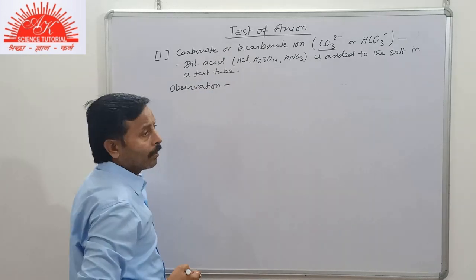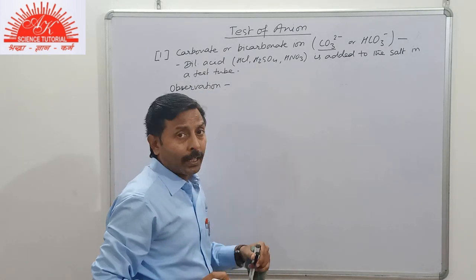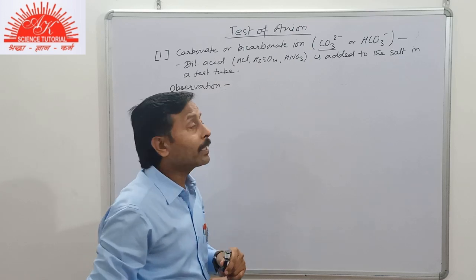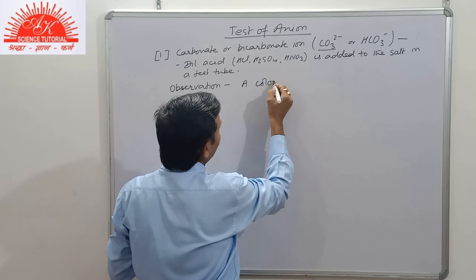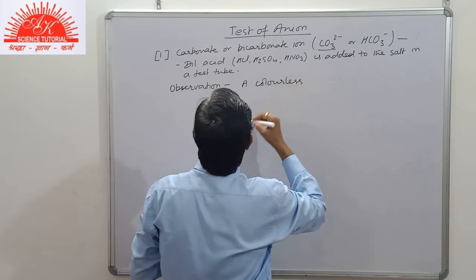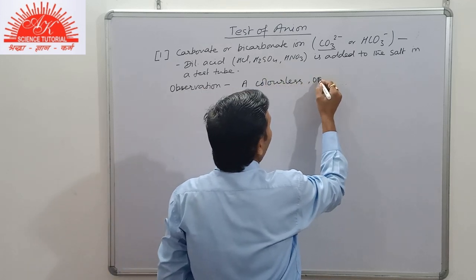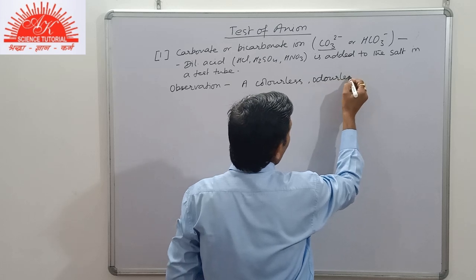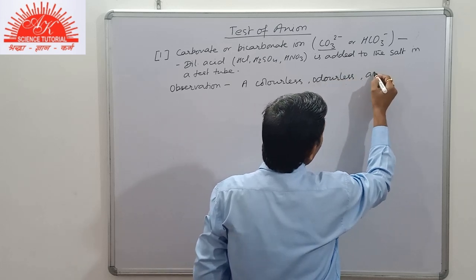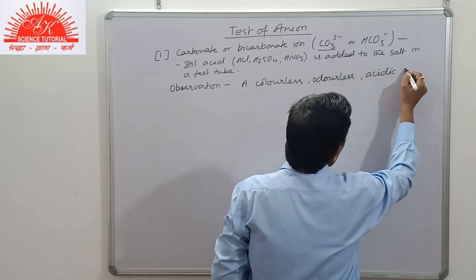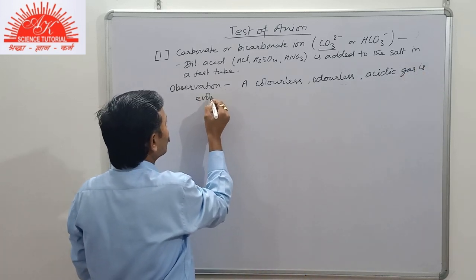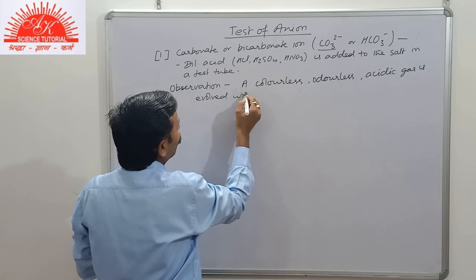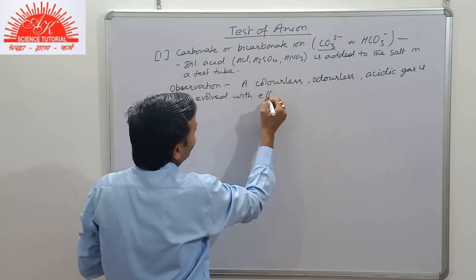Now, what will be the observation? Just we have studied that CO2 gas is evolved. So how will it be written? We will write a colorless, odorless, acidic gas is evolved with effervescence.